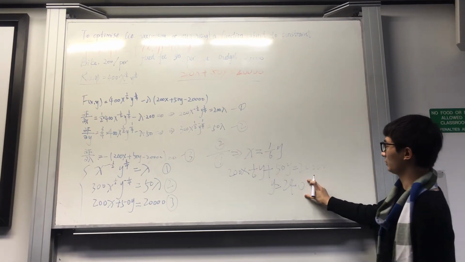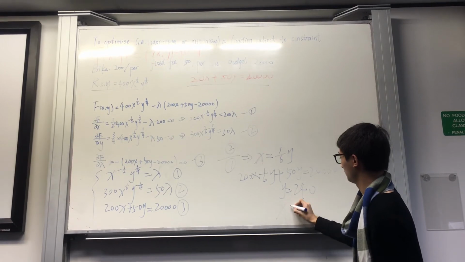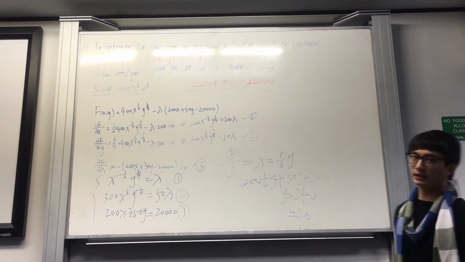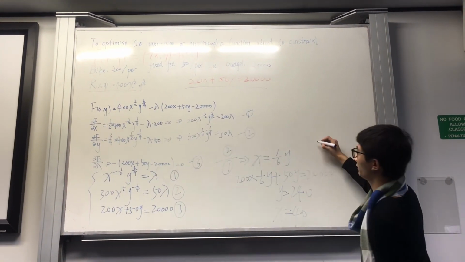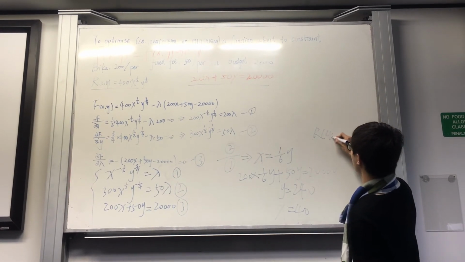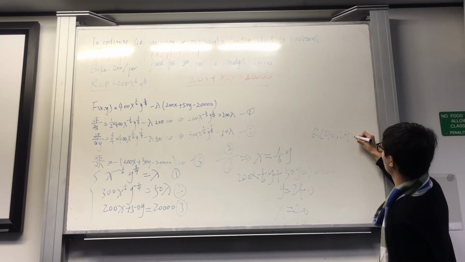Then we use this to get x equals 14. When we have x and y, we can calculate the total revenue using this function. The total revenue is R(14, 214).